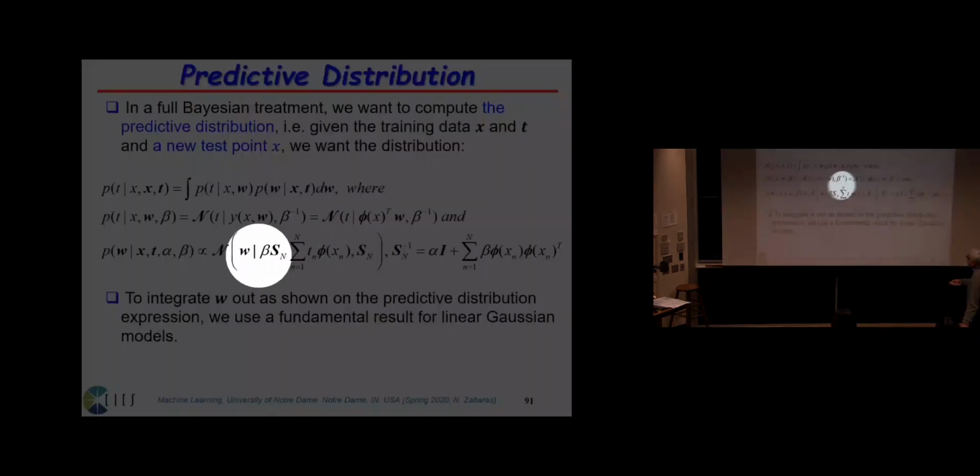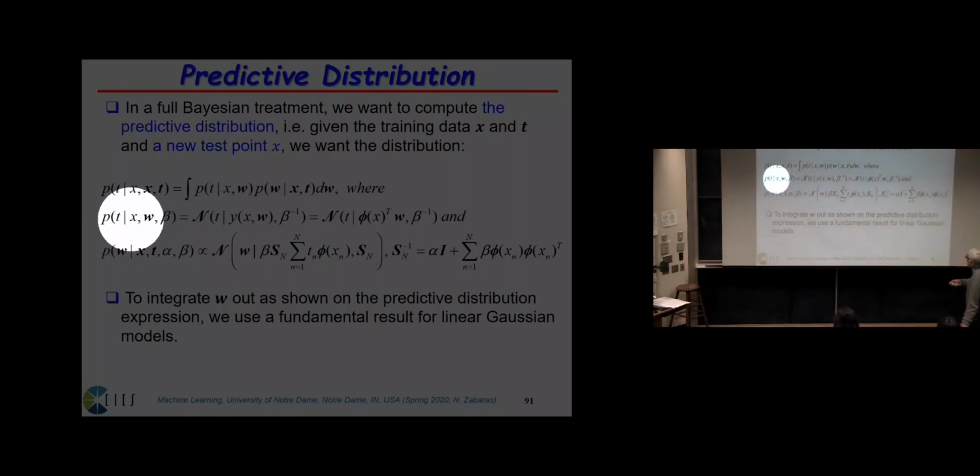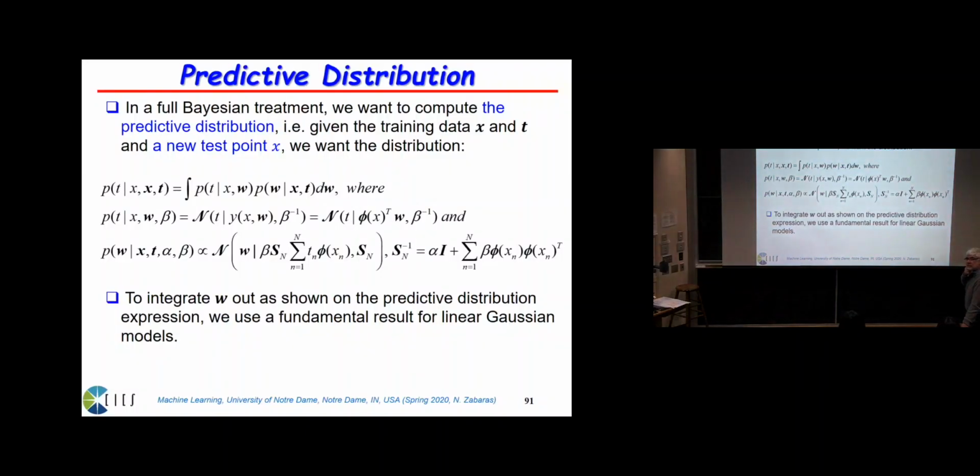I mean, look at the, so here I have the likelihood, okay? P of t given x and w. And you notice the mean is linear in what? The mean of that likelihood is linear in what variable?